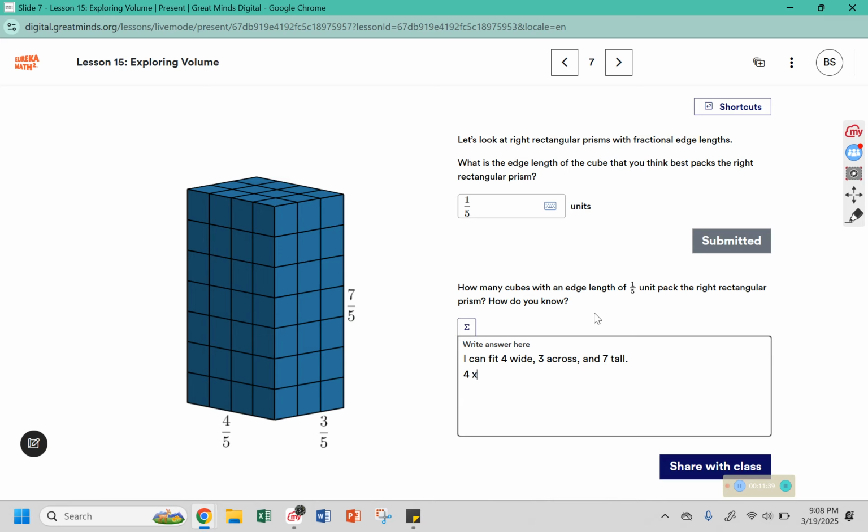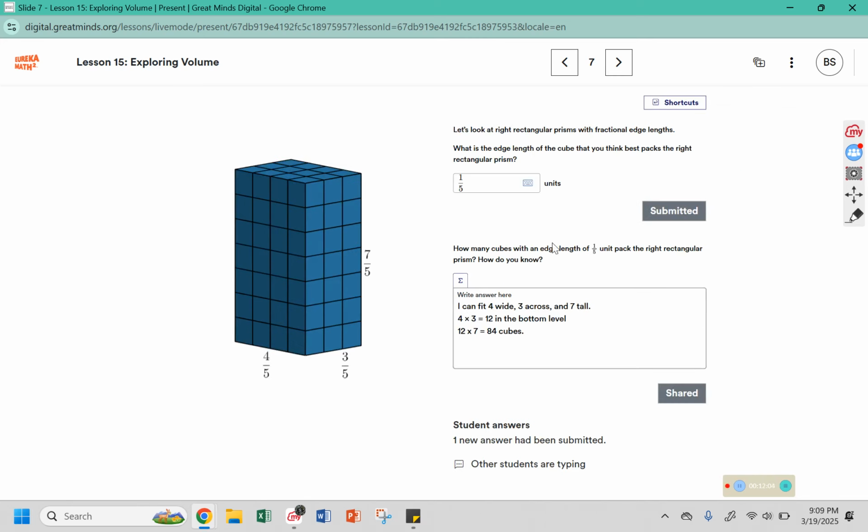The base, the bottom, is a 4 by 3, so I can fit 12 into the bottom. And since there are 7 levels, 12 times 7 would tell me how many cubes in the entire prism, which is 84 cubes.